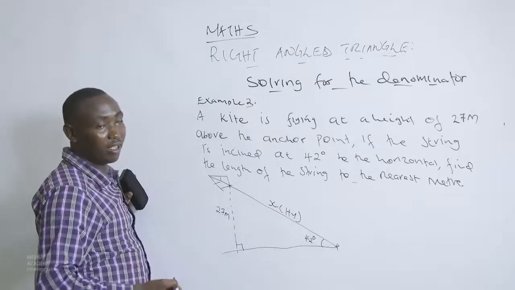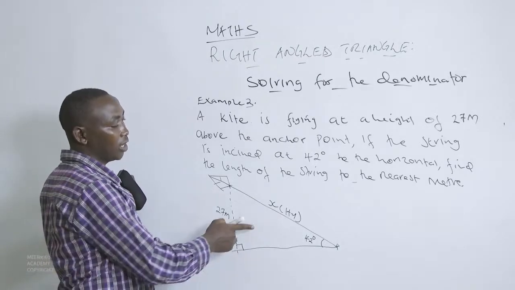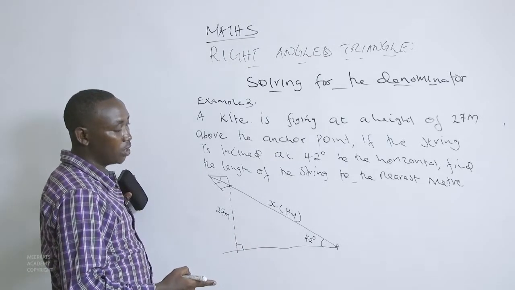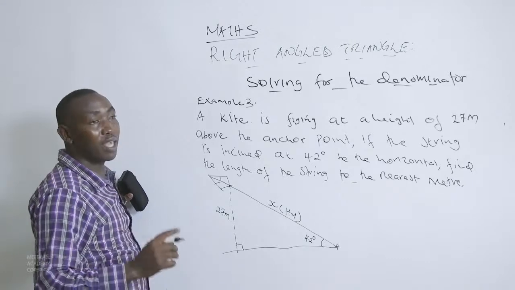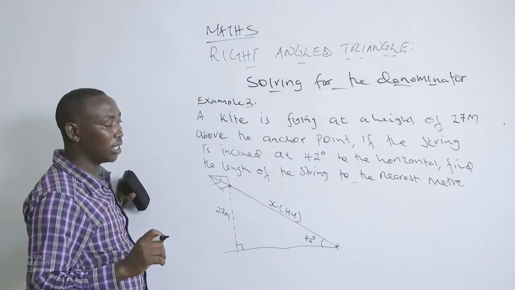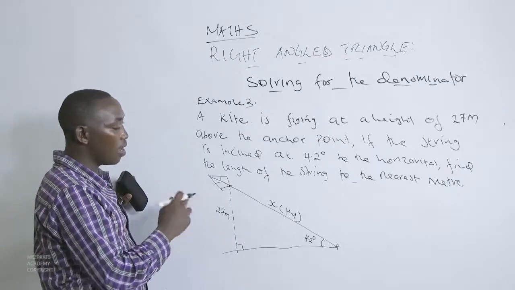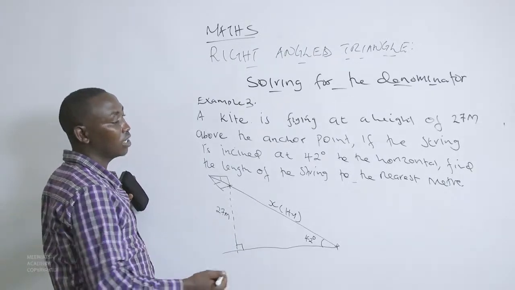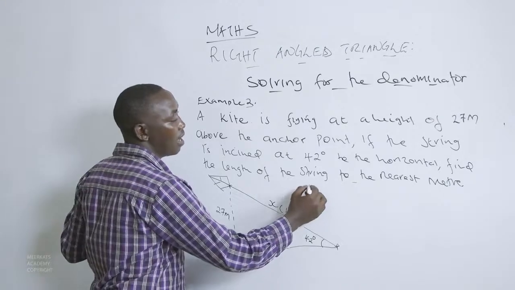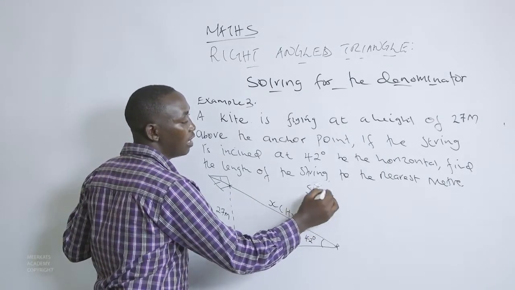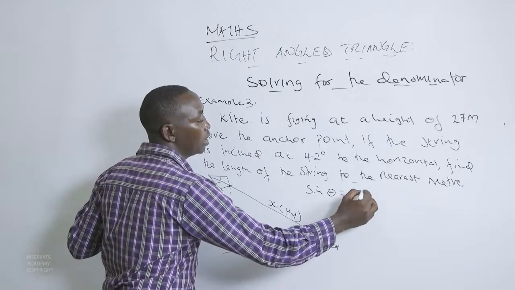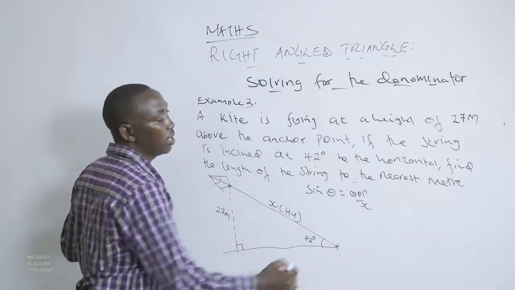The side you have been given, 27 meters, in relation to angle 42, is the opposite. Therefore we must use a trigonometric ratio that has a hypotenuse and an opposite, and in that case we shall use nothing other than the sine. Therefore, sine theta will be equal to the opposite all over the hypotenuse.